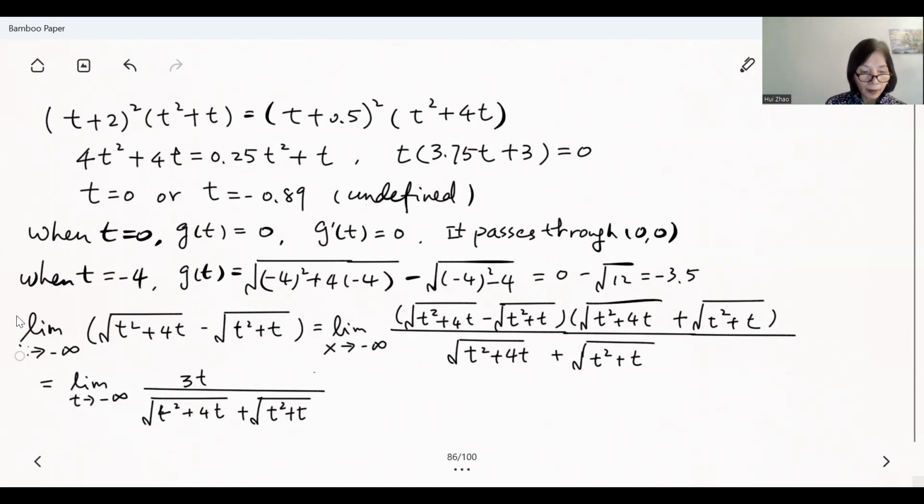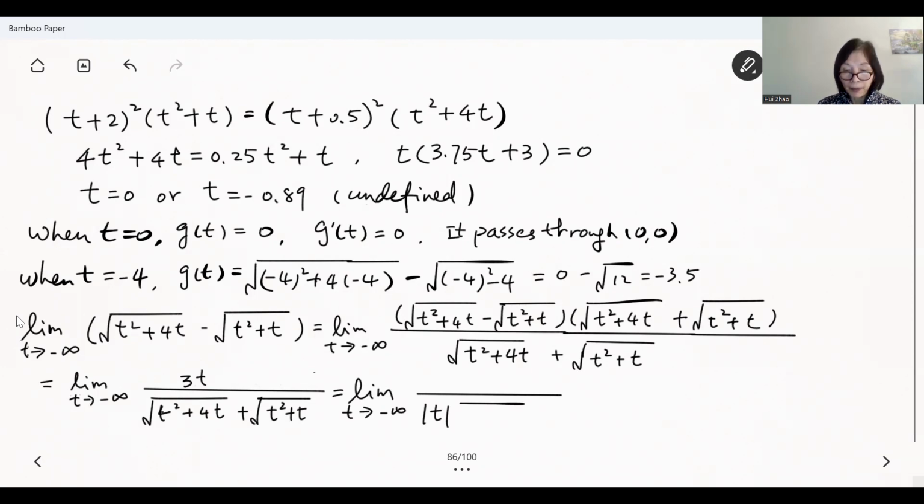The t here is negative. So take the t squared out. Actually, taking out the square root of t squared means it's the opposite of t.